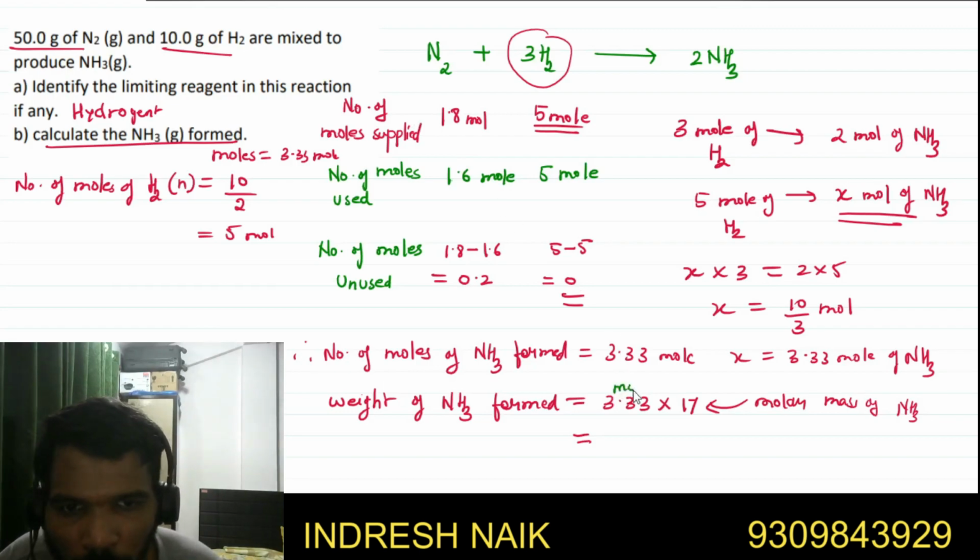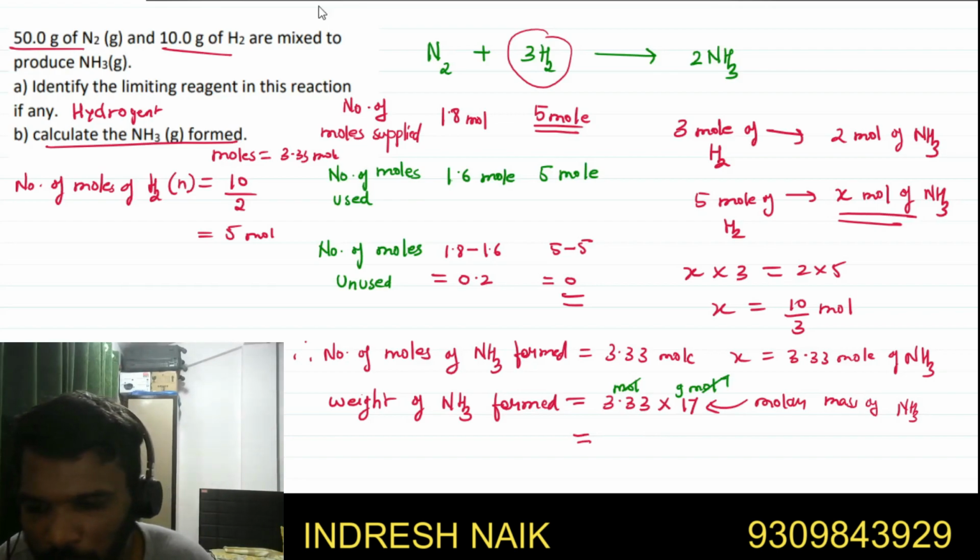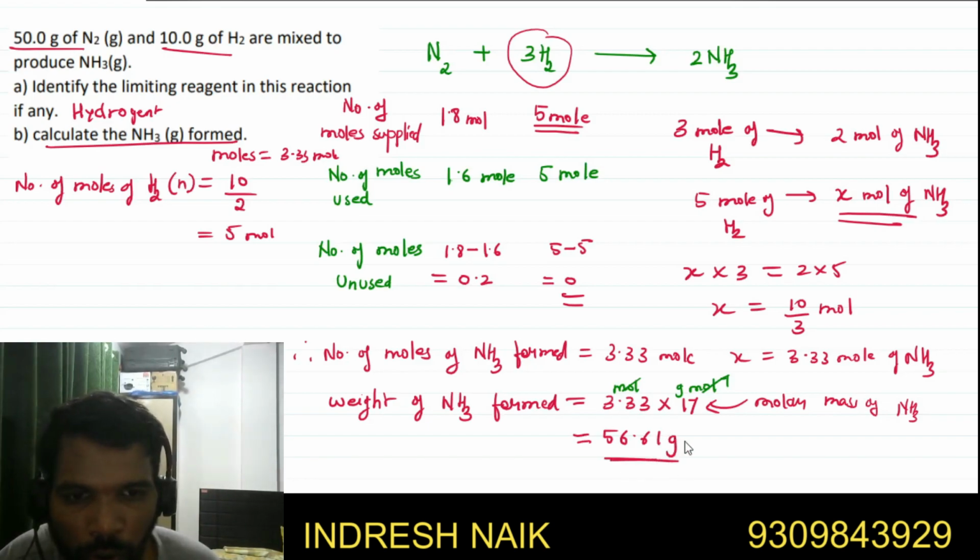This is mole, and this unit is grams per mole. So mole and per mole will get cancelled. What remains is just grams, right? So how much is this? 3.33 multiplied by 17 is 56.61 gram of NH3 formed. So in weight it is 56.61.